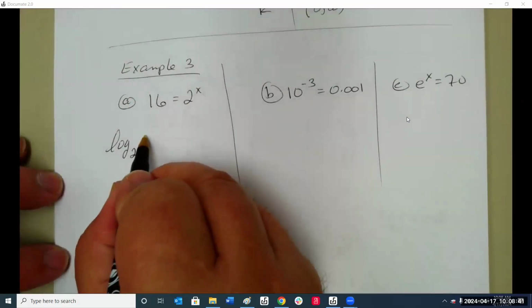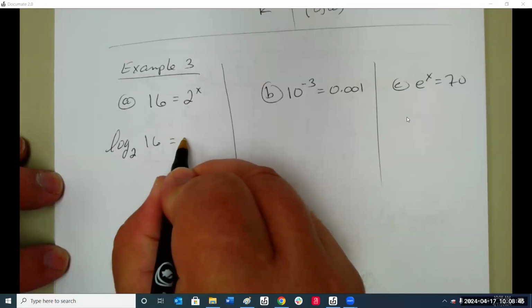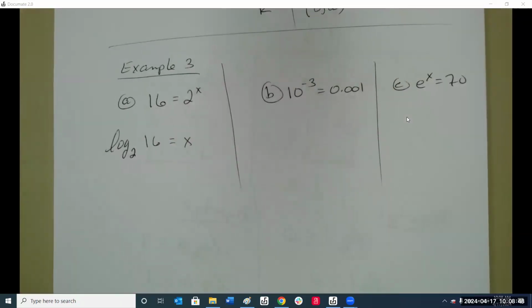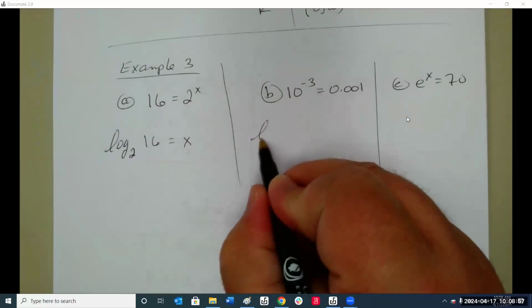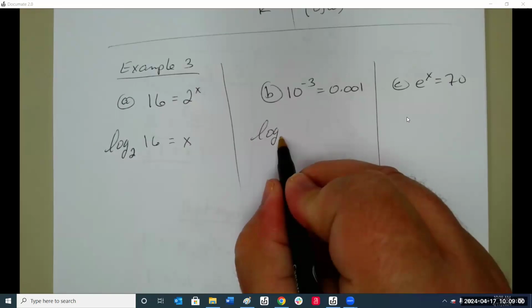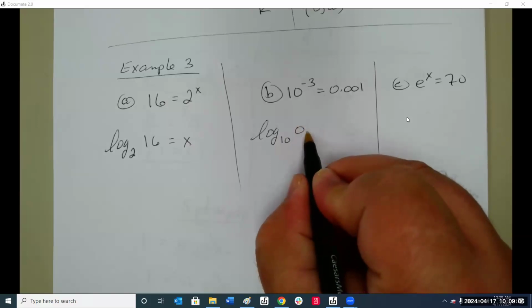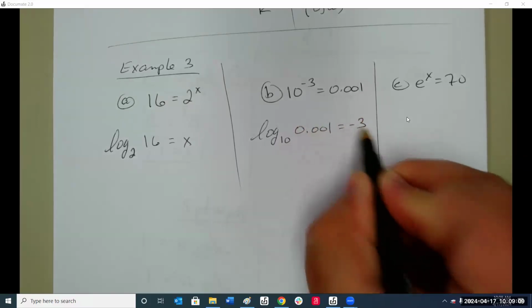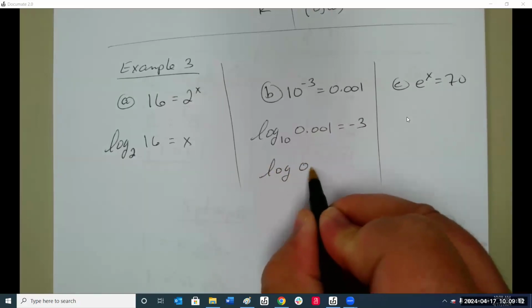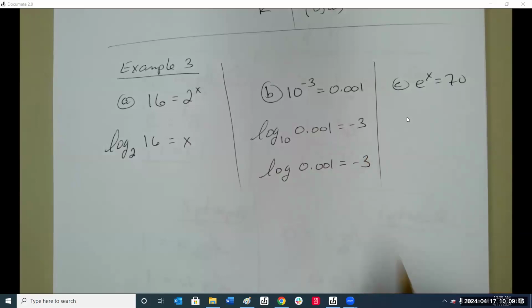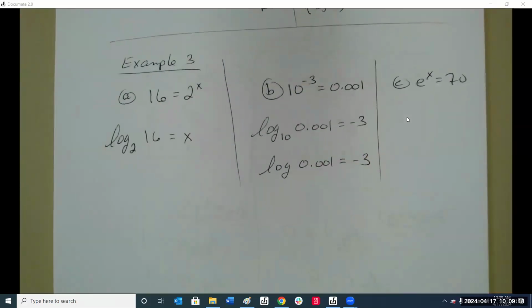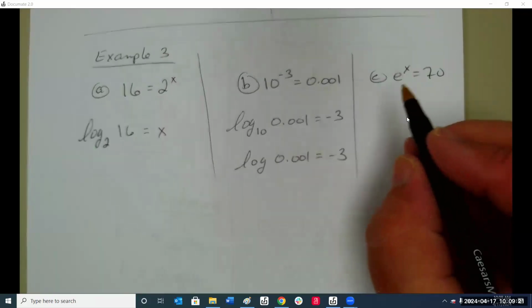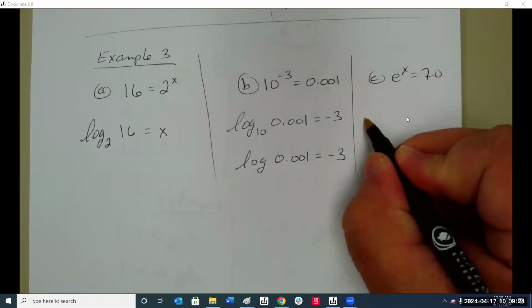And you switch the x and y. The next one is log base 10. So the answer is going to be log of 0.001 equals -3.